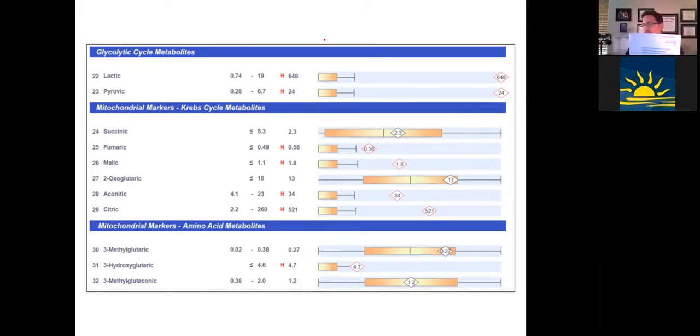So I don't know if you can see this. Let me get rid of this thing here. Dr. Shaw was actually talking about this at a Facebook Live event a couple of weeks back.